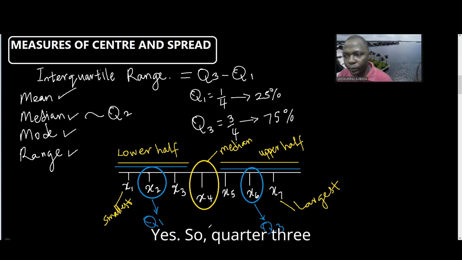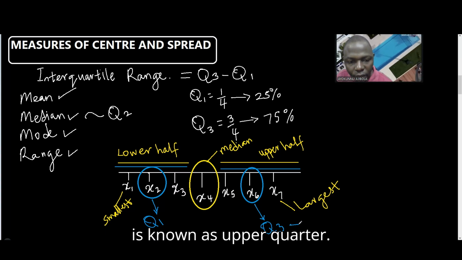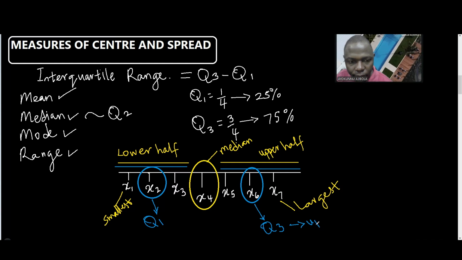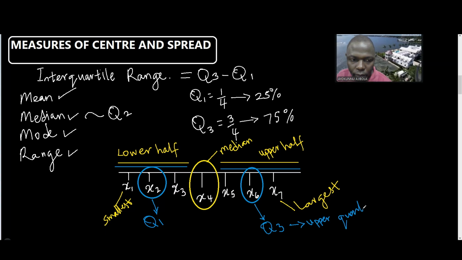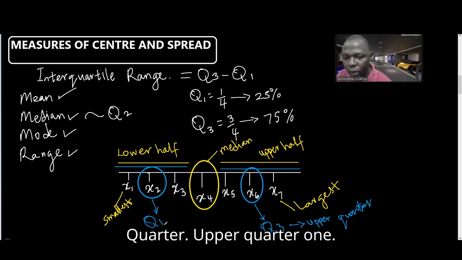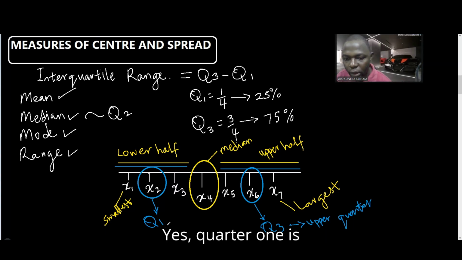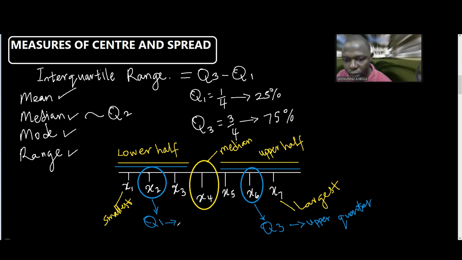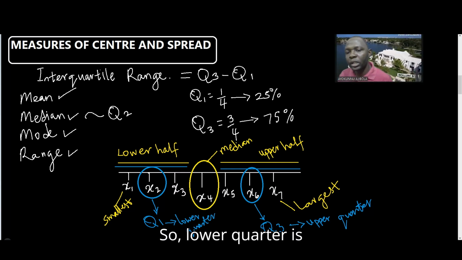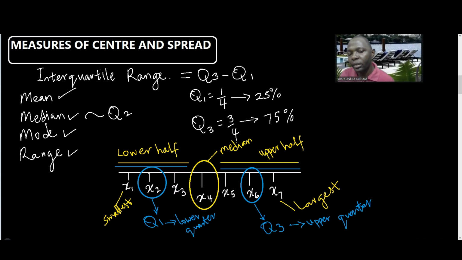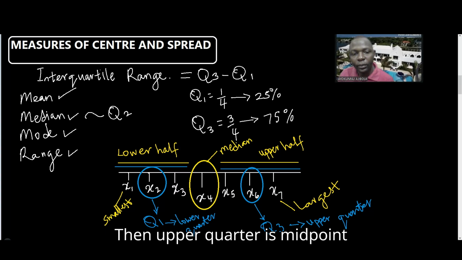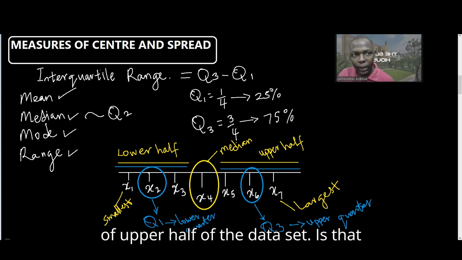So, quarter three is known as the upper quarter, while quarter one is the lower quarter. So, the lower quarter is the midpoint of the lower half, then the upper quarter is the midpoint of the upper half of the data set.